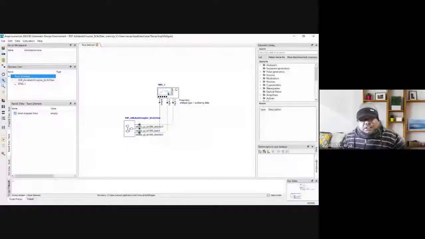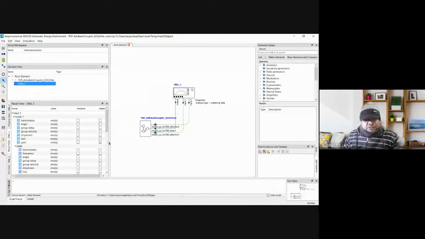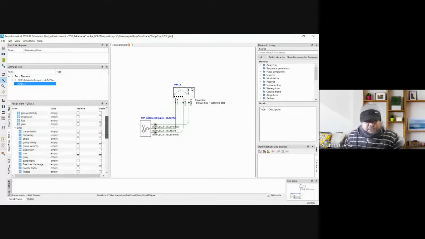So the TM one I'm just closing. Let's say TE mode. Let me share the screen now with this one. So you can see it is the grating coupler TE mode. This is the ONA, optical network analyzer. So the gain curve is here, the gain curve for both ports.